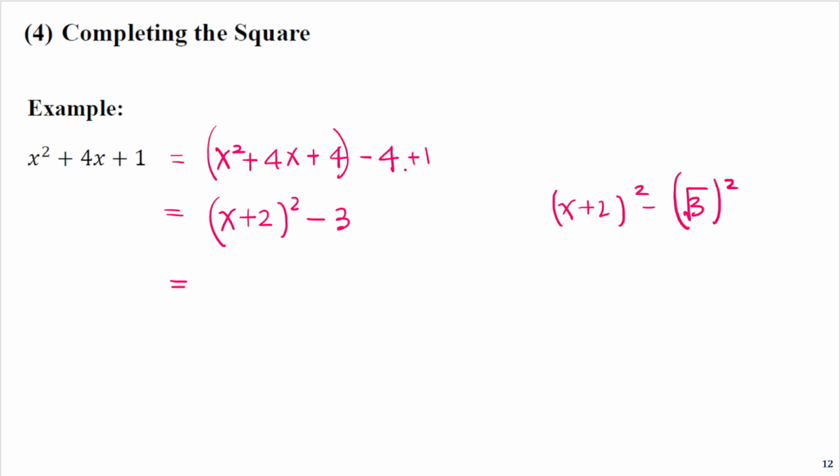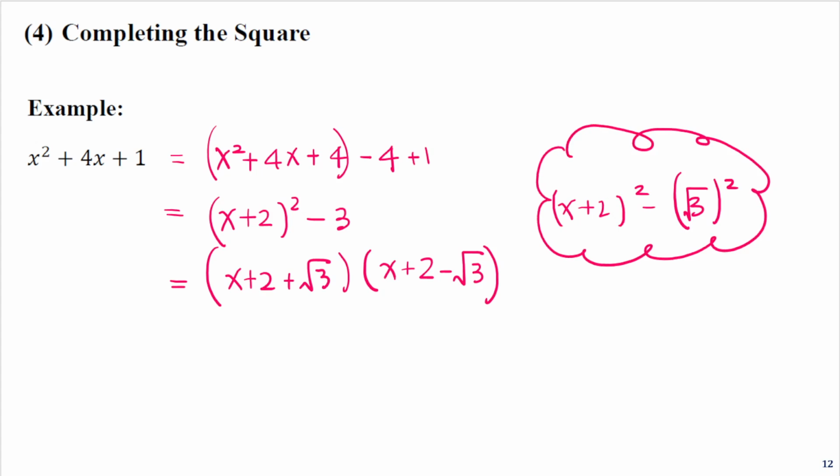Therefore, we can further factorize that to x plus 2 plus square root 3, then x plus 2 minus square root 3. Did you get it? So this is called the completing the square method. Do you have any questions?